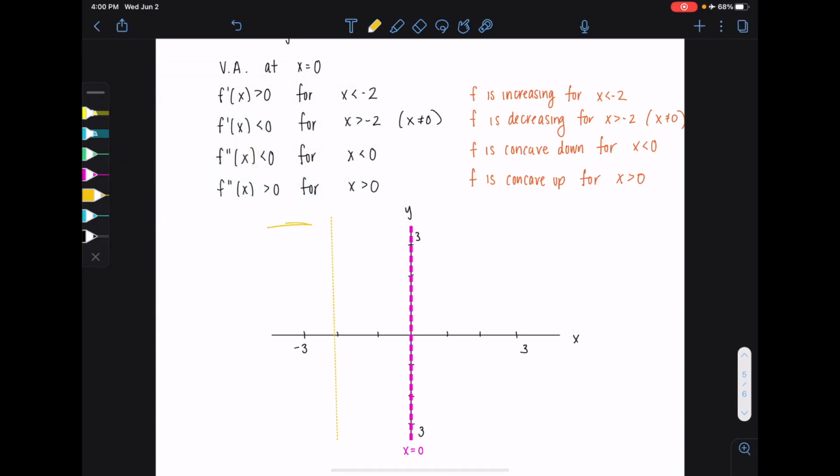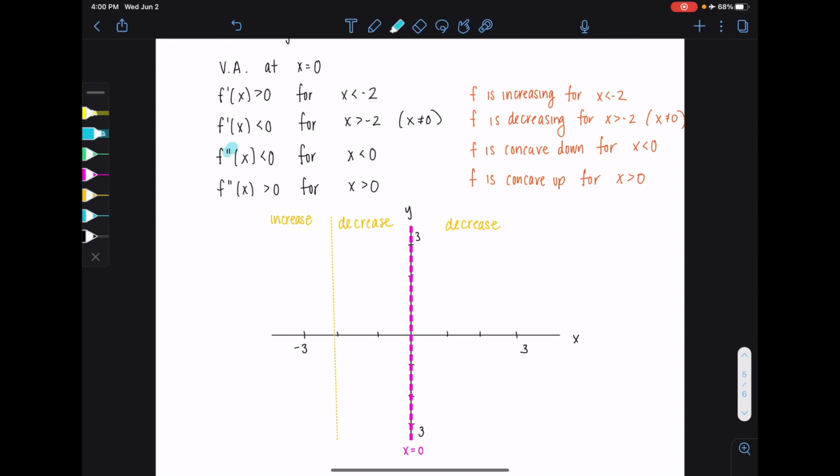I know on this interval for x less than -2, my graph better be increasing. Then onward, it's going to be decreasing because that's what this second criterion tells me. So I need to decrease in this interval and decrease in this portion as well. Okay. But I have to hug that vertical asymptote.